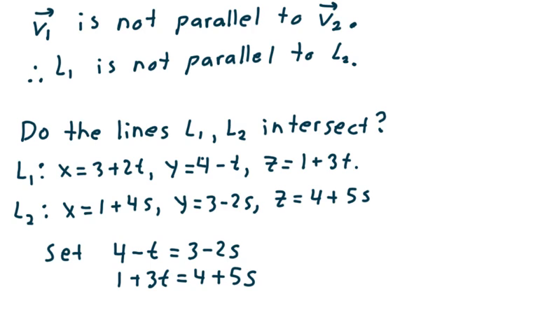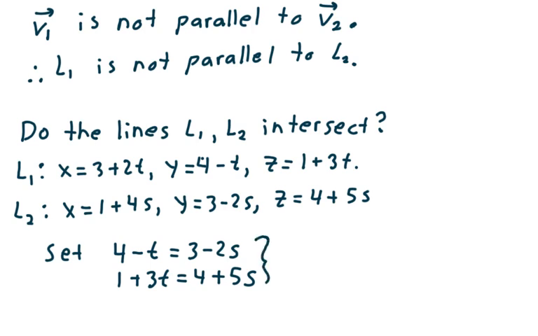L2 is given by x equals 1 plus 4s, y equals 3 minus 2s, and z equals 4 plus 5s. Now, if I want to determine whether or not L1 and L2 intersect, I'm going to set 4 minus t equal to 3 minus 2s, and 1 plus 3t equal to 4 plus 5s.